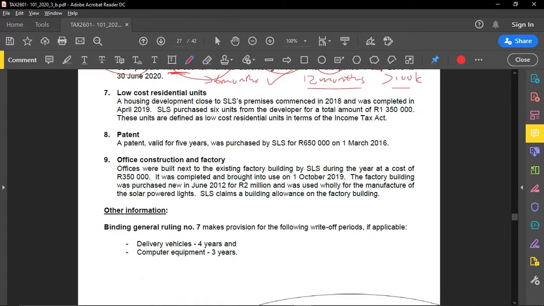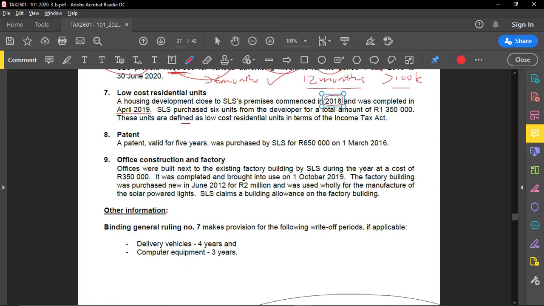They say a housing development close to the premises commenced in 2018. Okay, that was obviously the prior year and was completed in April. So in other words, it was completed in the current year. April, which is the second month of the current year. The company purchased 6 units from the developer for a total of 1.35 million.